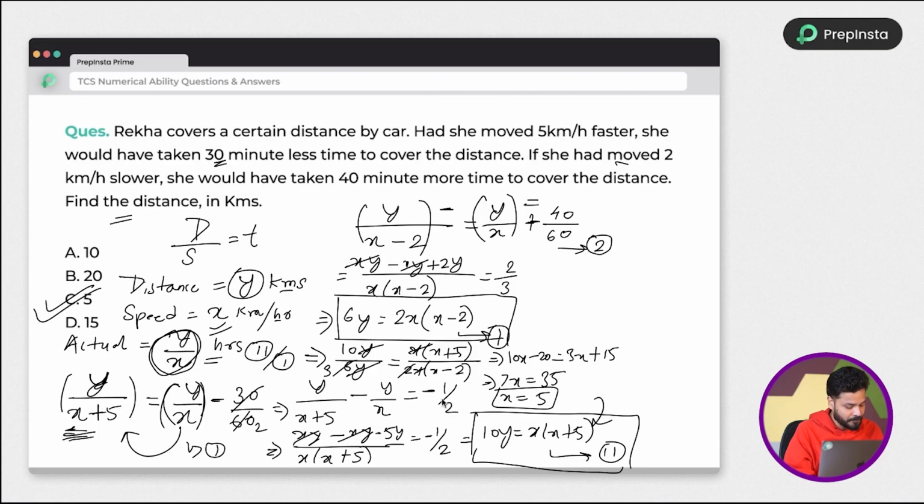And then the second time, rather than subtracting or adding which normal people would do, I divided the equation so that y and y get eliminated and I don't get a quadratic equation and all those things, right? I get a simple single variable equation, right? So that's the best way to solve this particular question. Yes, there would be a bit of calculations and there is no other way to eliminate those calculations.